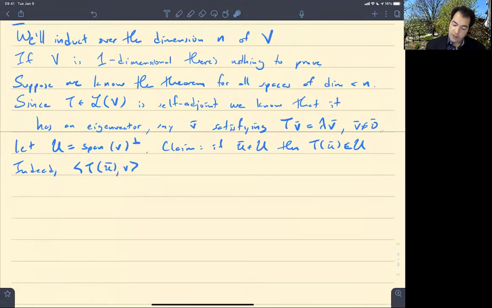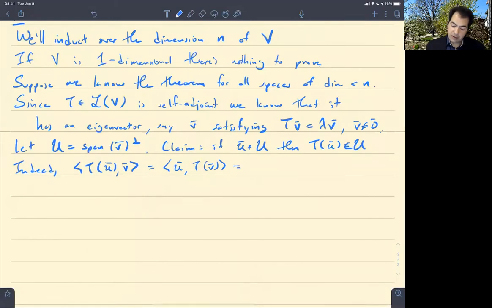what do we need to check? You give me a vector in capital U, so that means that it is orthogonal to v. And I need to check that T of it is in capital U, meaning T of it is also orthogonal to v. So I take this inner product, and I need to show that it's equal to 0. But I know that T is self-adjoint, so I can write this inner product with T on the other side without changing anything.